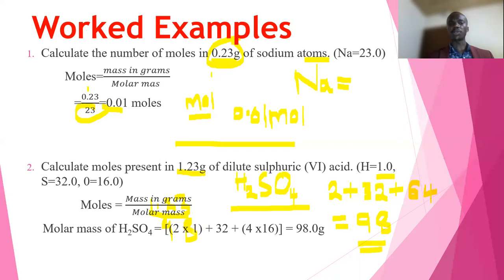So that is 1 times 2 will give us 2, plus 32, plus 4 times 16, which will now give us 98 grams, or just 98. Then the answer will be 1.23 divided by 98, which will give us 0.0126 mole. Just simple as eating chapati.